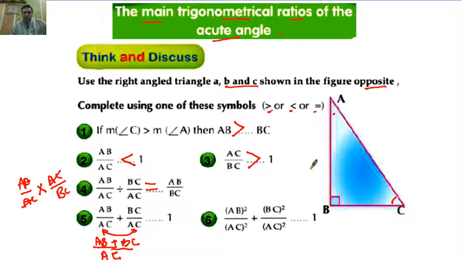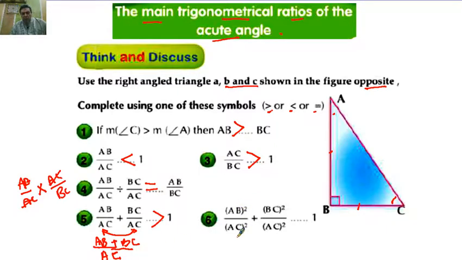We learn that the triangle inequality states that the sum of two sides in a triangle is greater than the third side. So AB plus BC over AC is greater than 1, because the numerator is greater than the denominator.